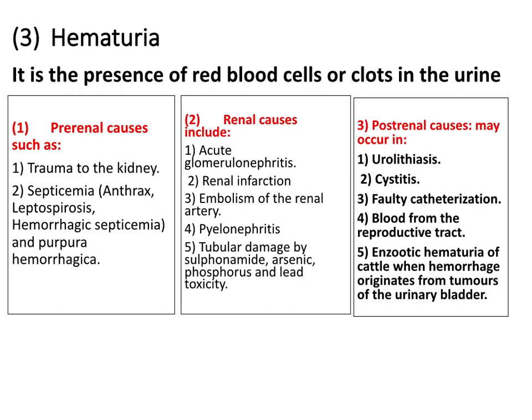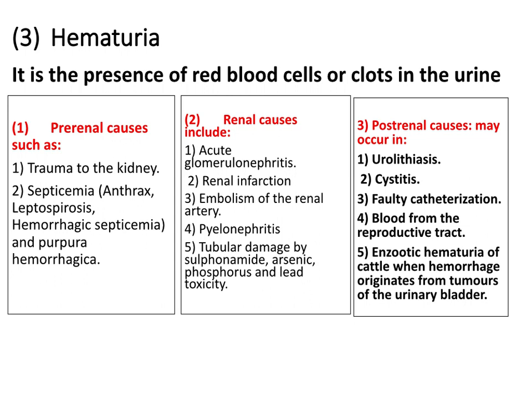Hematuria is the presence of red blood cells or clots in the urine. أما مسبباتها دائما في حالات الأمراض urinary system لازم نعرف مسبباتها اللي هي pre-renal causes, renal causes or post-renal causes. فبحالة الهيماتوريا المسببات البري-renal فهي trauma to the kidney, septicemia, anthrax, leptospirosis, hemorrhagic septicemia, and purpura hemorrhagica.